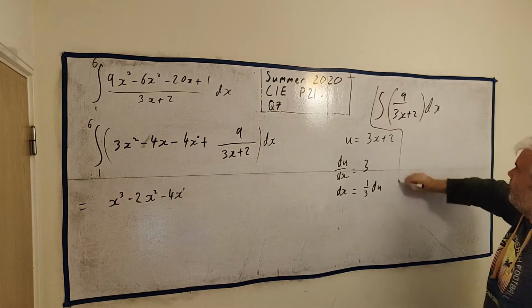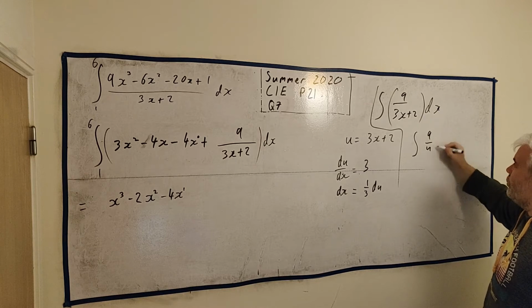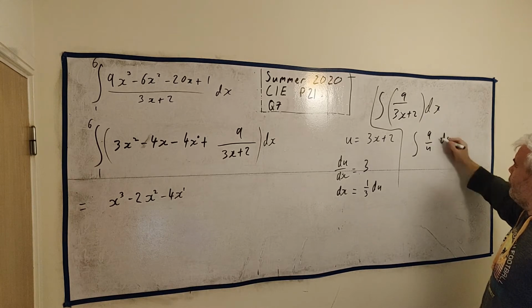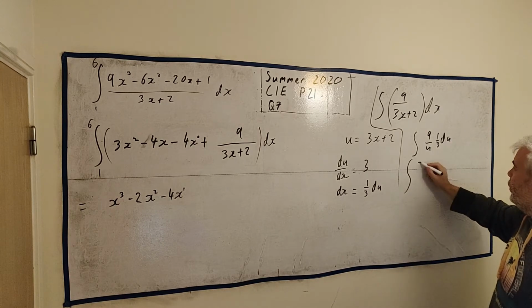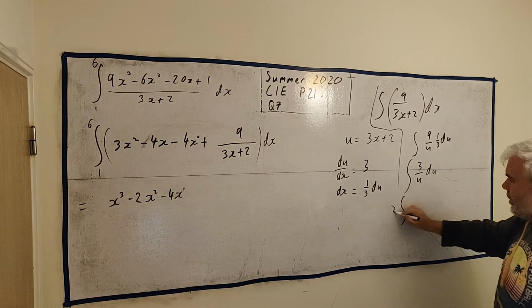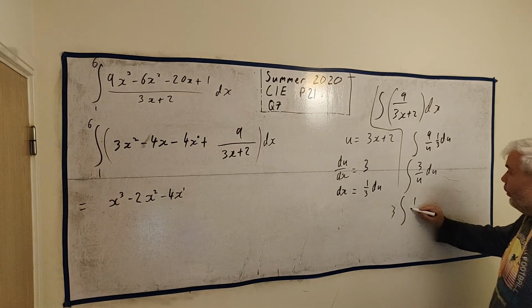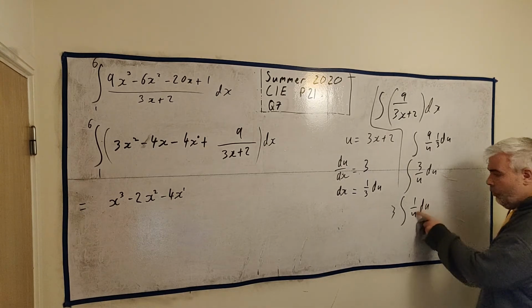Instead of this integral, I now have an integral of 9 over u, 1/3 du, which is the same as the integral of 3 over u du, which is the same as the 3 coming out front, 1 over u du. Now this is quite a famous integral, 1 over u.